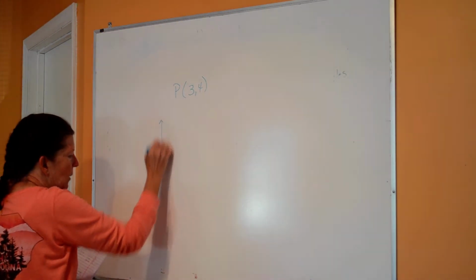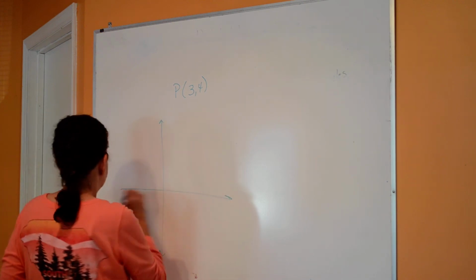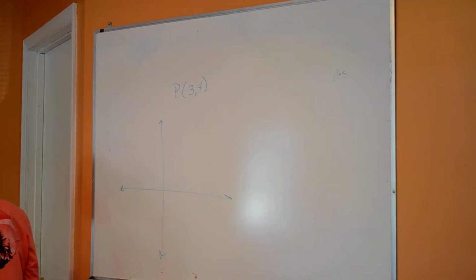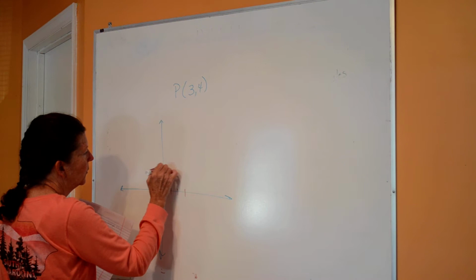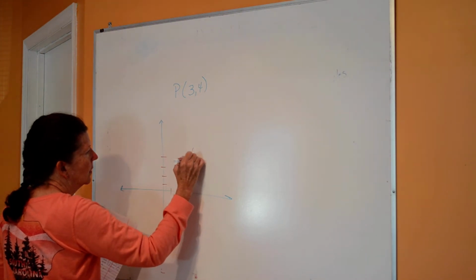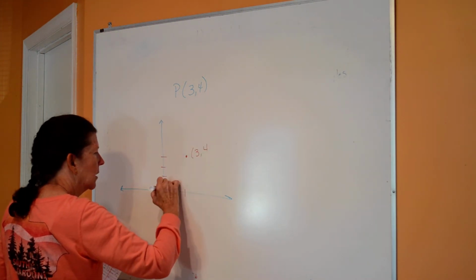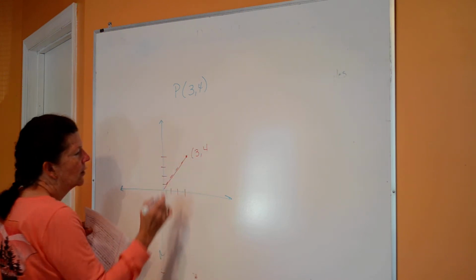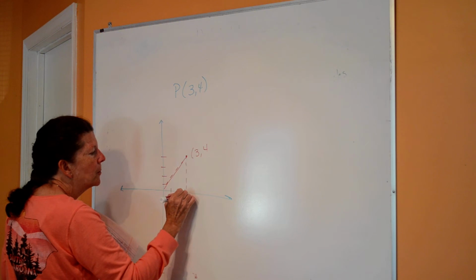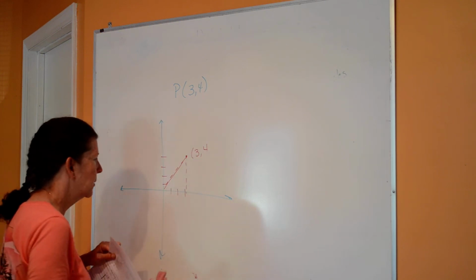So I'm going to make my coordinate plane. I'm going to go over 3 and up 4. Okay, well, actually I'll just draw a line. Now remember, I told you you're going to drop a perpendicular line to your x-axis no matter where it is.